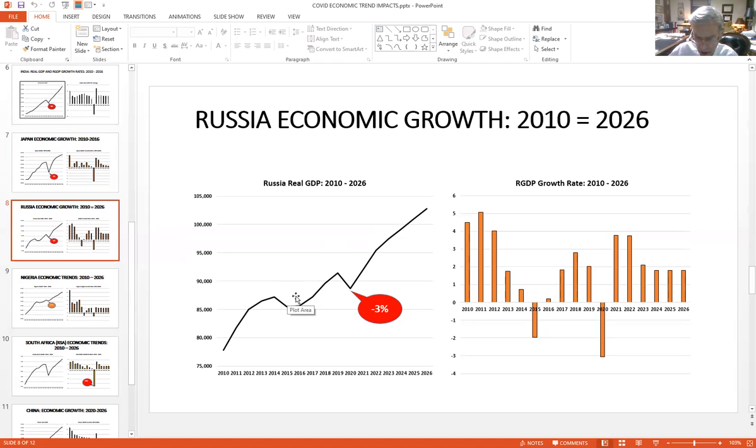Anyway, but what's been going on down here? And the answer is that oil prices dropped. If you remember, the prices of oil really cratered around the world as well as the United States. And Russia's economy is heavily dependent upon the petroleum industry.